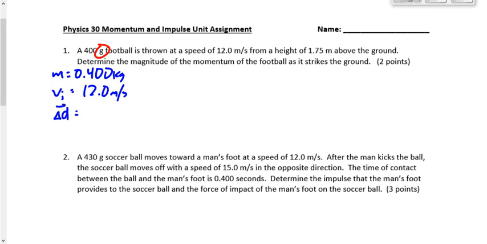That means, remember this? The displacement of this ball by the time it strikes the ground, which is what we're concerned with because we're looking for the magnitude of the momentum as it strikes the ground, is negative 1.75 meters. The most common mistake that people made on this, it surprised me actually, I was expecting the most common mistake to be not using the initial speed.